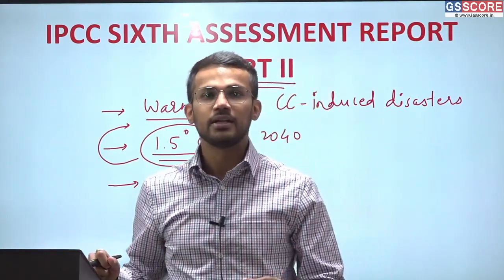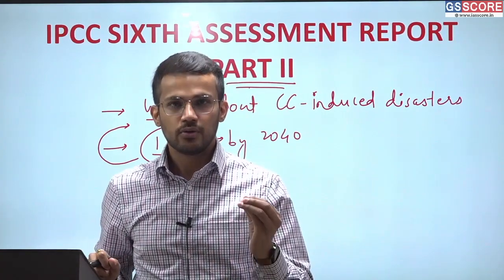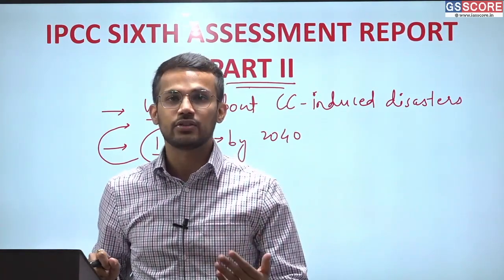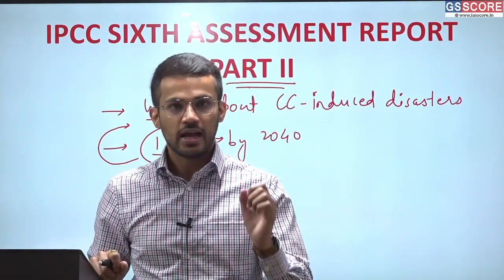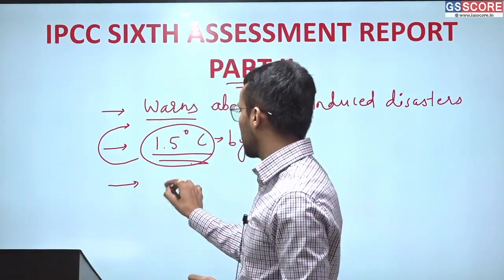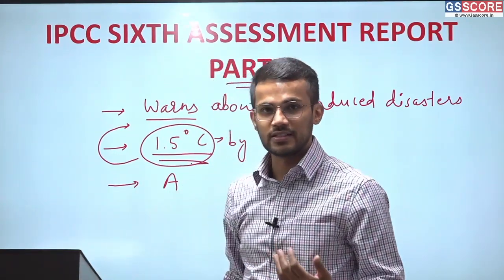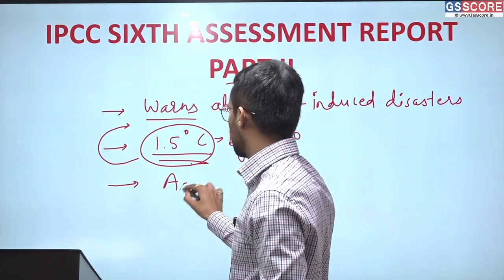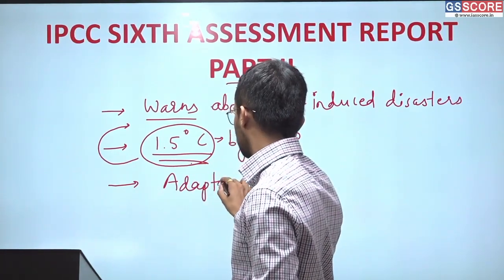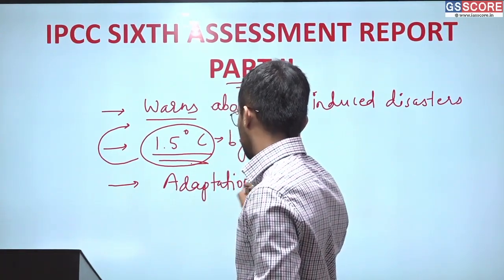But at the same time, it has also said that we can still take actions for climate change mitigation. And one of the major actions that IPCC's 6th assessment report part 2 suggested was adaptation to climate change.